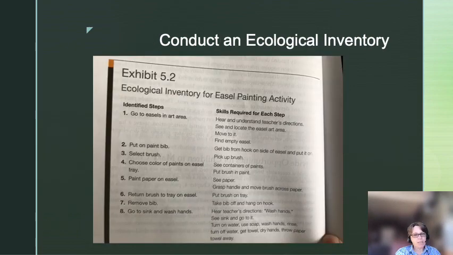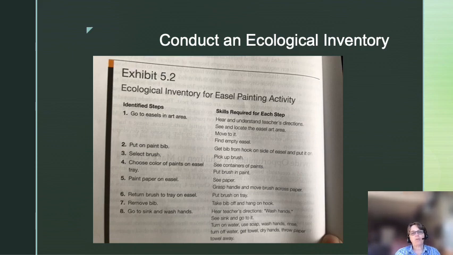Your textbook does a nice job of providing an overview of a technique that we use when we're trying to plan or revise the way that we are supporting a student in a specific task. And this is through a process called an ecological inventory or an ecological assessment.